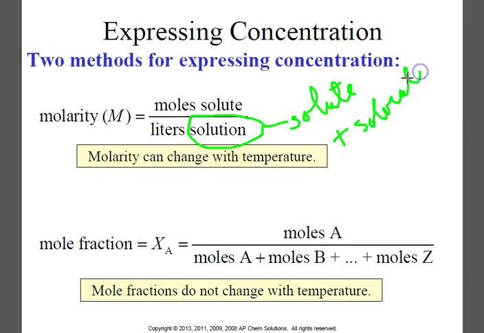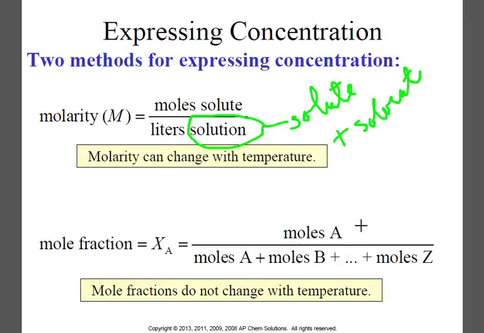And remember from the previous discussion, we talked about how if you have like 2 milliliters of solute and then 2 milliliters of solvent, or 2 and 3, it may not equal 5, or it may not equal what you think it would. So you really have to measure your liters of solution after you mix the two together, because it may not be exactly additive.